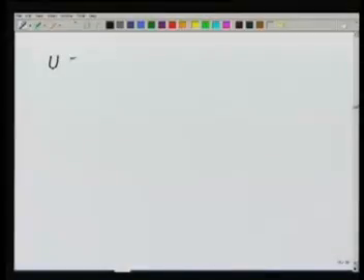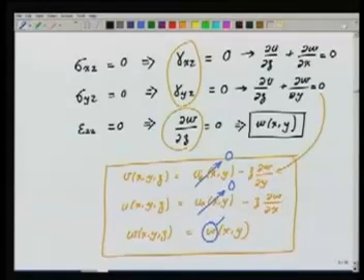Next, we will write the strain energy U is equal to half integral. Let's go back to our figure that we had earlier.